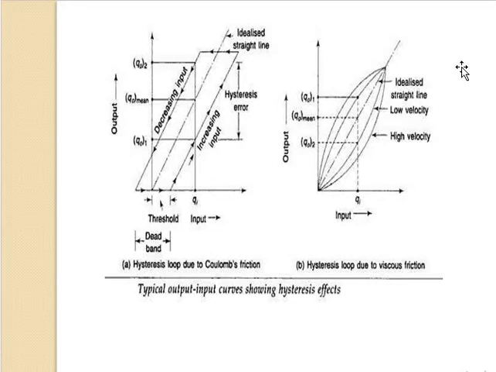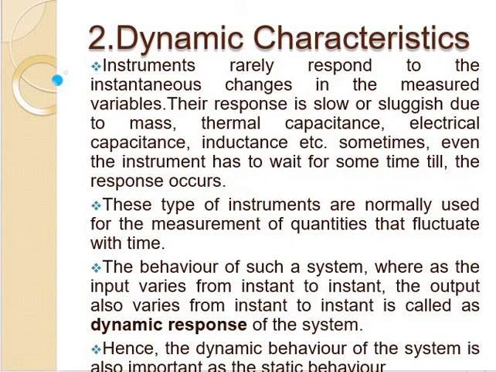So till now we discussed static characteristics. Now we will see the dynamic characteristics of a measurement. Generally these measurements respond to instantaneous changes, meaning they vary from time to time. The response may be slow, or it may be affected by mass, thermal capacitance, electrical capacitance, inductance, and other things.